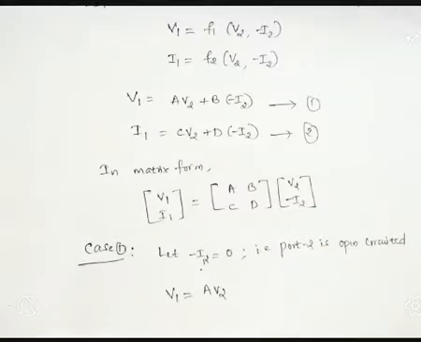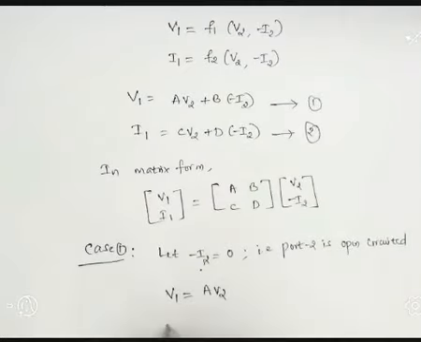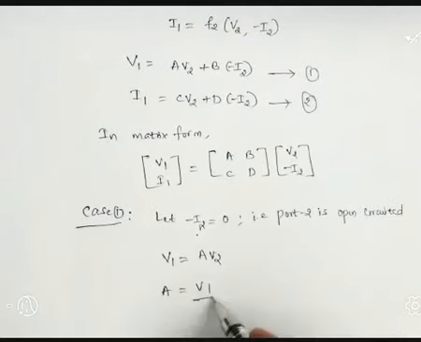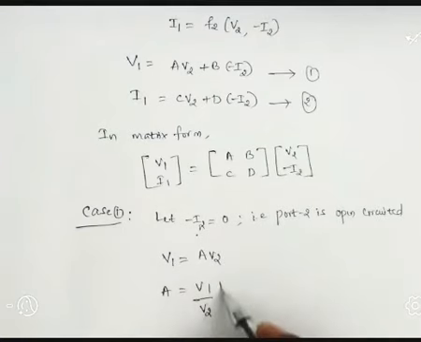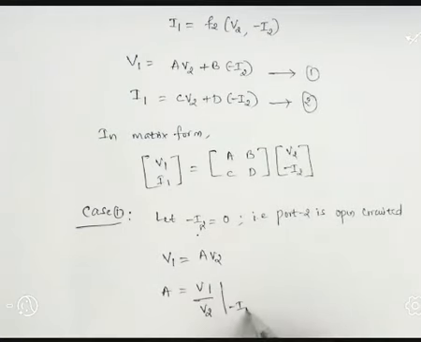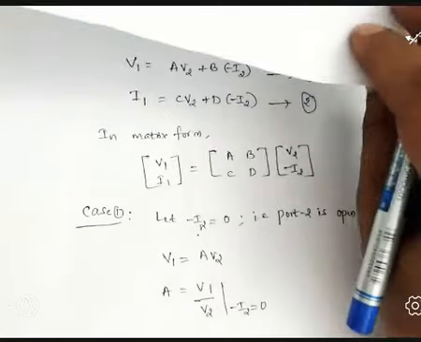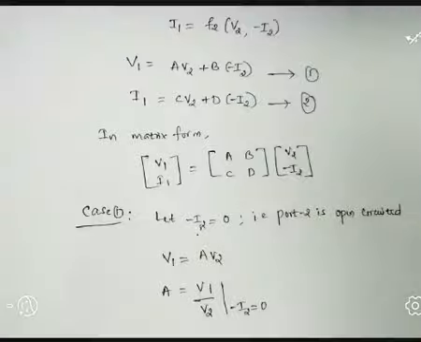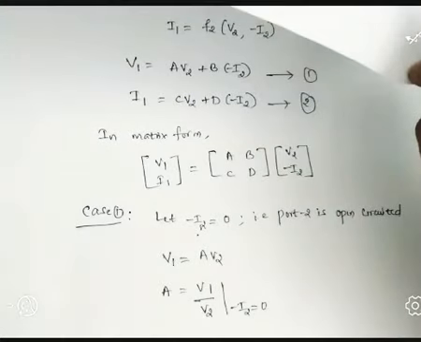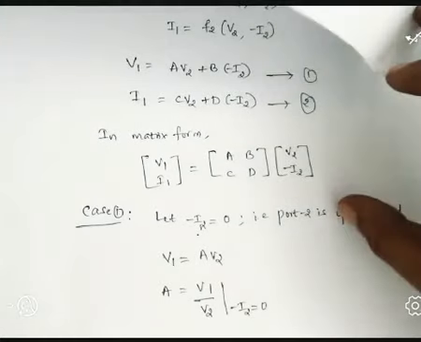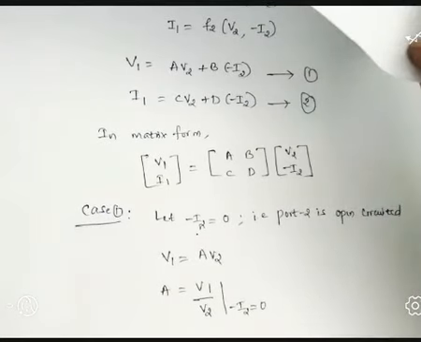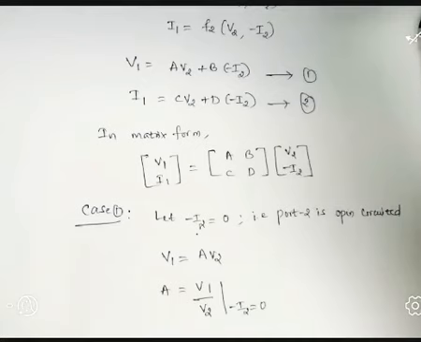Hence, A equal to V1 divided by V2. This one we got when minus I2 equal to 0. So the parameter A we got because of what? Because of I2 equal to 0, which means open circuit. Port 2 is open circuited. Observe, it is the ratio of V1 by V2, so input parameter divided by output parameter.